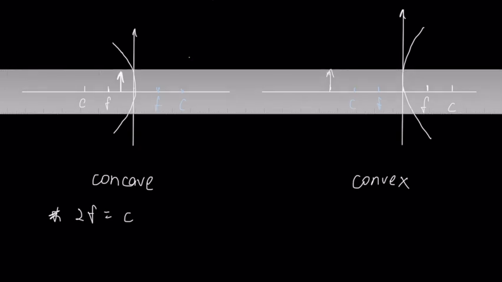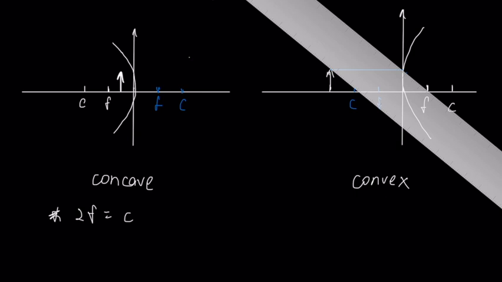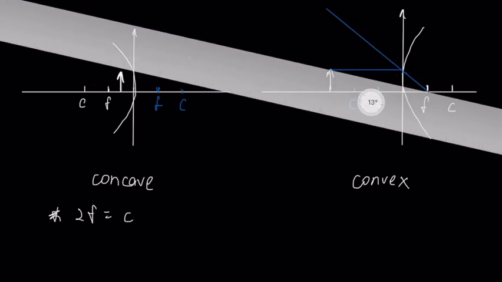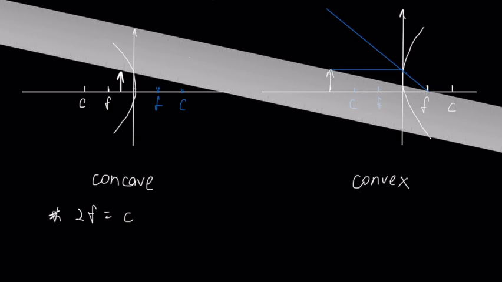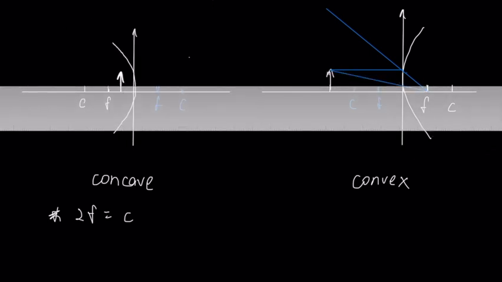Okay, so same rules apply here. It goes to the lens, from the lens it goes to the focal point, and it also reflects back, because it's a mirror. And next you do the same thing also. It goes to the focal point, and then it also reflects back.